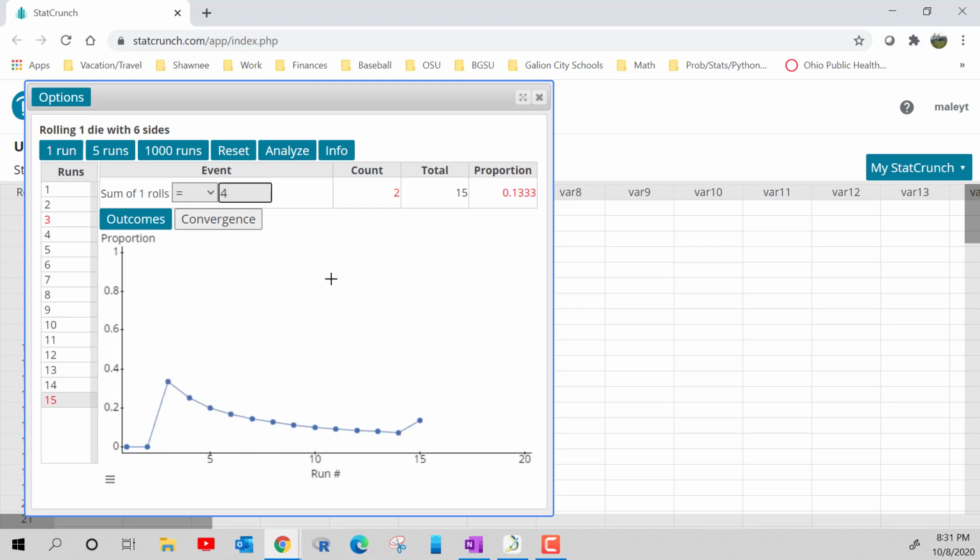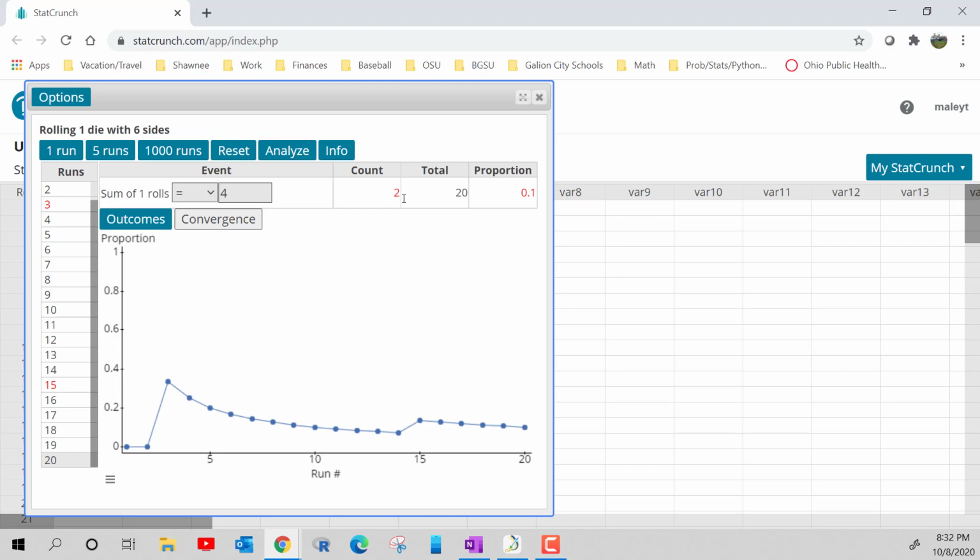Sorry, I must have hit an extra key. So we have 15 runs, and it looks like it corrected itself in the simulation. Then I hit 5 runs again, so we've done a total of 20 times.